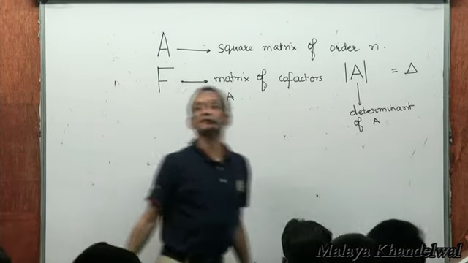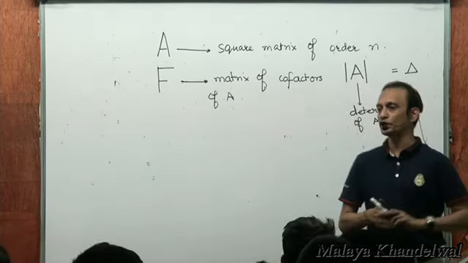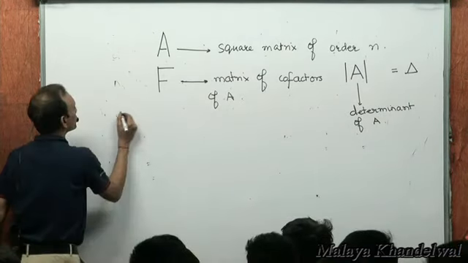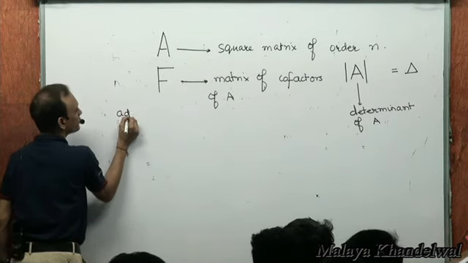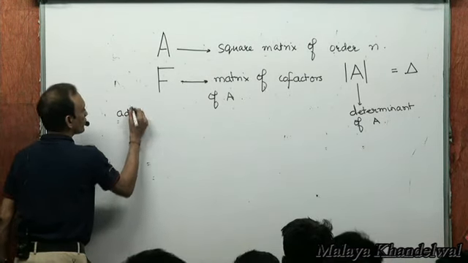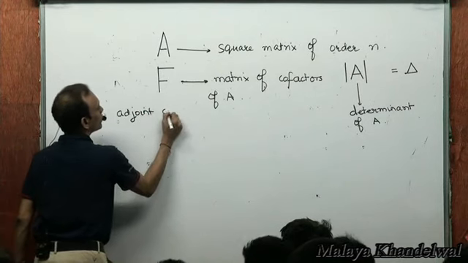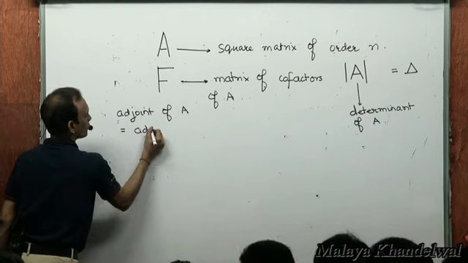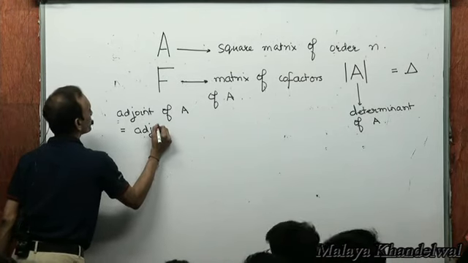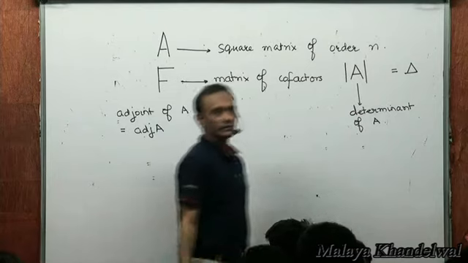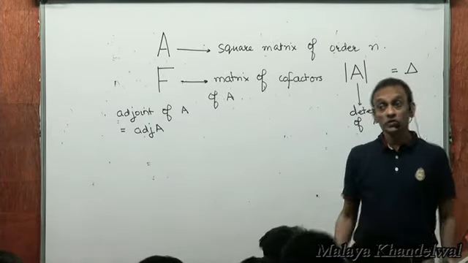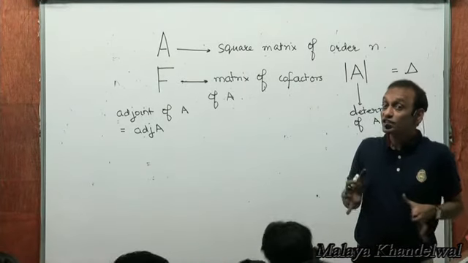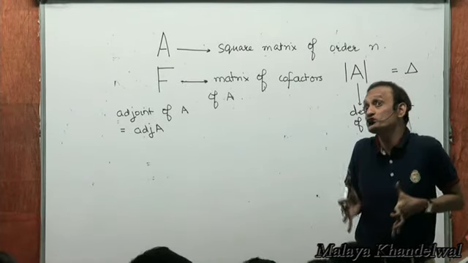Now we define another operation pertinent to linear algebra, which is called the adjoint of the matrix A, written as adj A, which is also a matrix. If A is a matrix, adjoint of A is also a matrix. But what's that matrix?